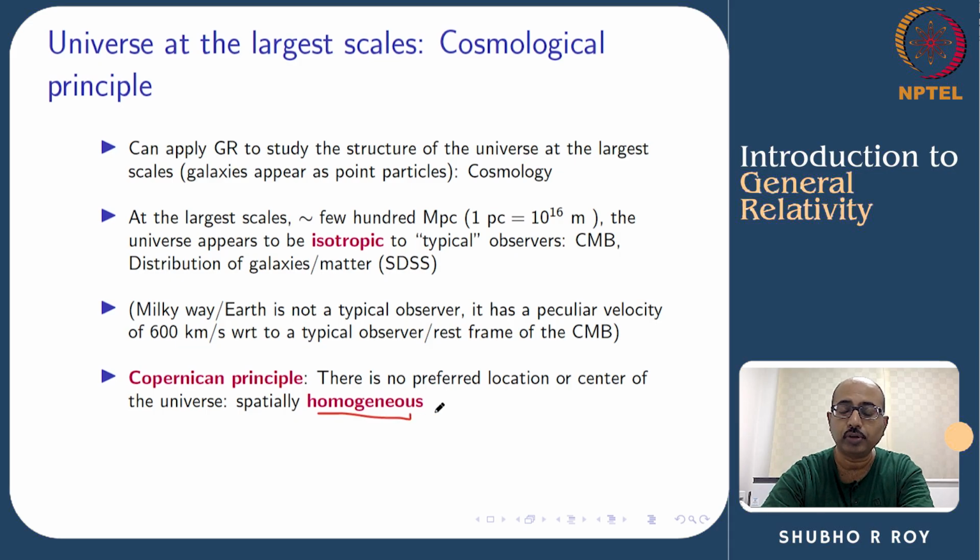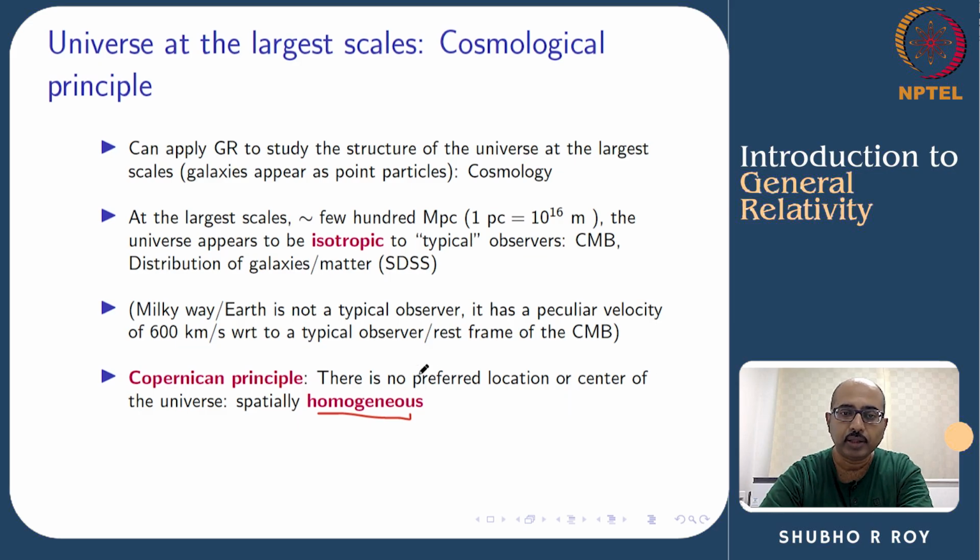Most of you know this from the early days of astronomy. People thought the Earth was the center of the universe, and then Copernicus came along and said, no, Earth is not really the center of the universe. In fact, there is no preferred center or location in the universe, and all locations are more or less equal. So the Copernican principle tells you that the universe is spatially homogeneous.